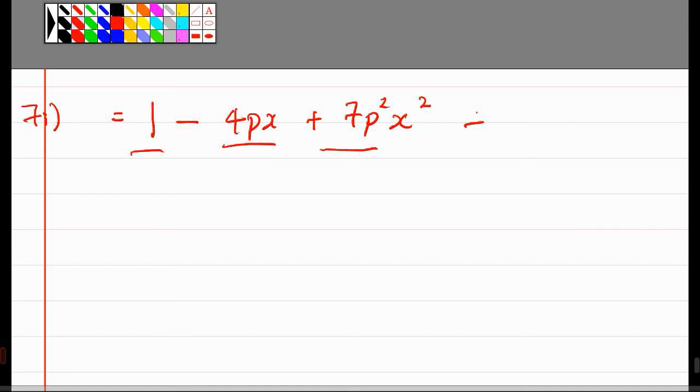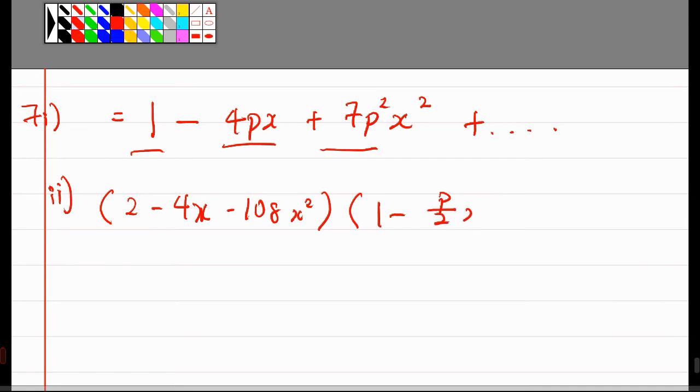Part 2. Now, find the expansion, find in terms of p the coefficient. This is selective distribute. You need to tell me which terms will give you x squared. They say find in terms of p.